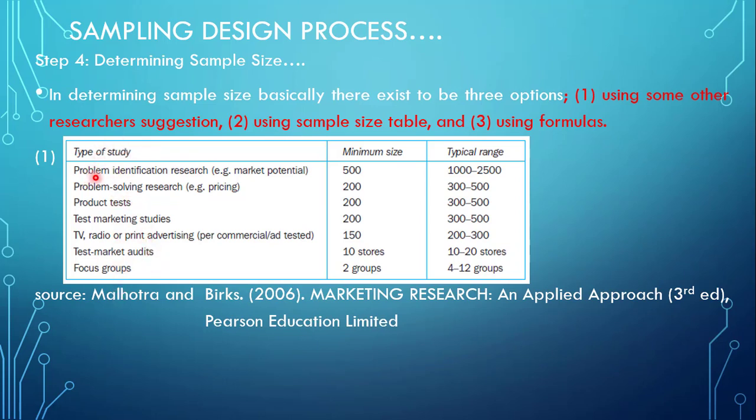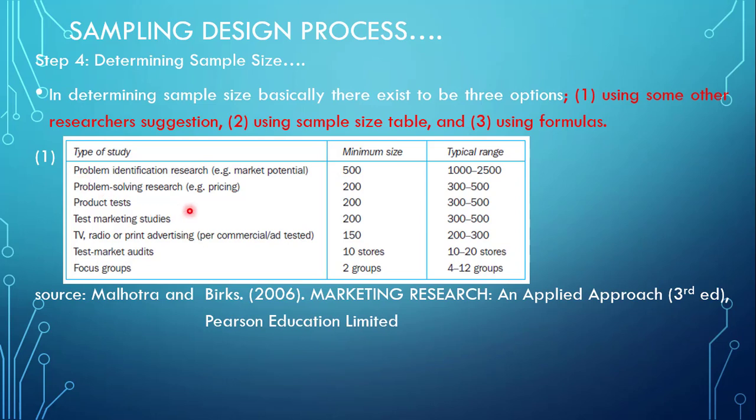Let's say if the type of study is problem identification research, like that of market potential, then the minimum size will be 500, but the typical range is between 1000 to 2500.